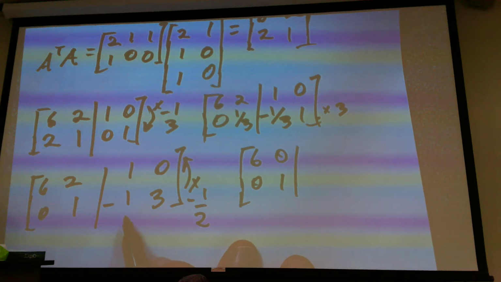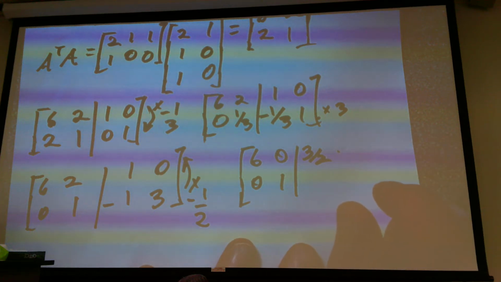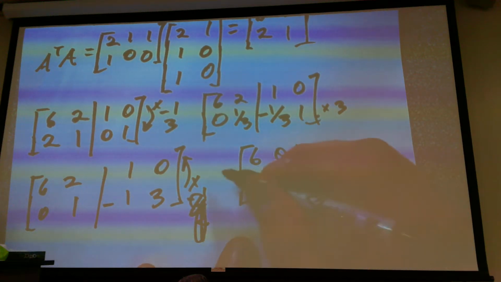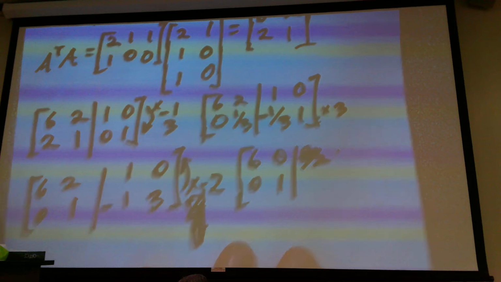That would turn that into a positive 1/2, and what's 1/2 and 1, that'd be 3/2. Oh, I'm sorry. What was I saying? Negative 1/2. Negative 2. I screwed up that video. Let's start over.